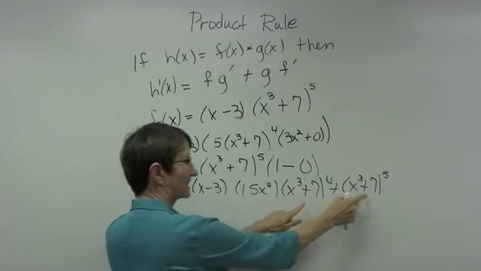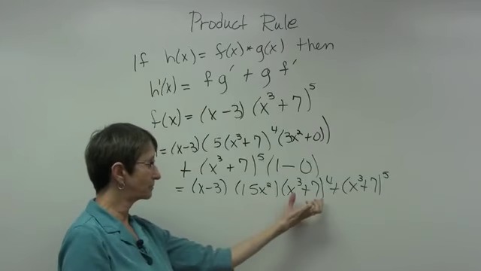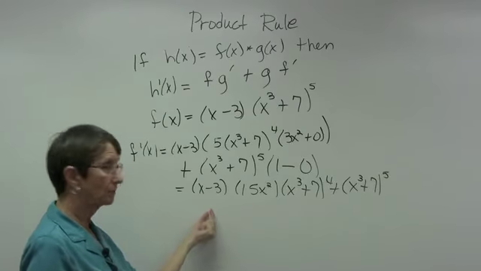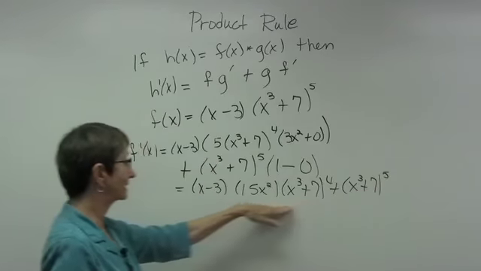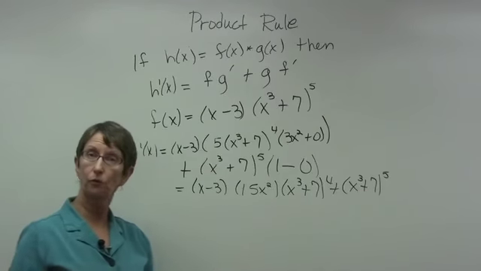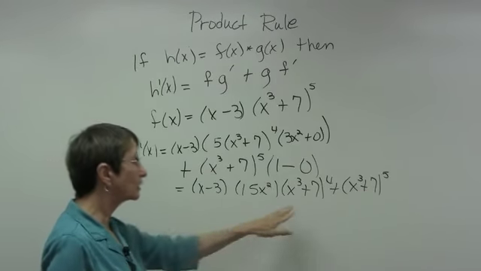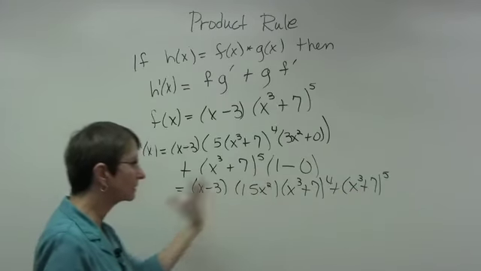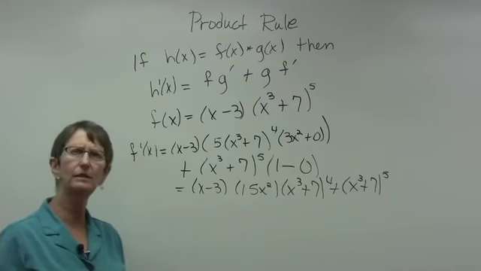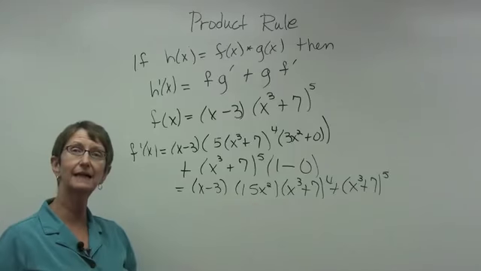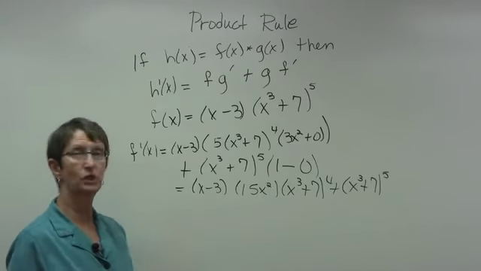Now, you can't add these together. This part is multiplied by everything up here. And so this is pretty much the simplest form of the answer. I could factor out again here, but that's not necessary. You go to here and you see what happens next. And this is a perfectly good answer.